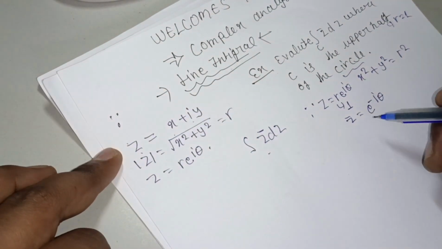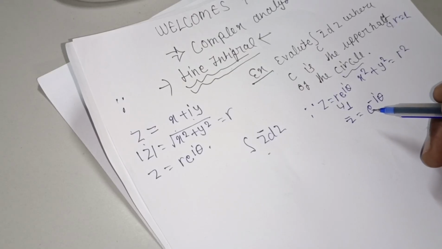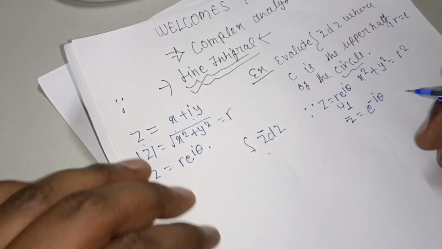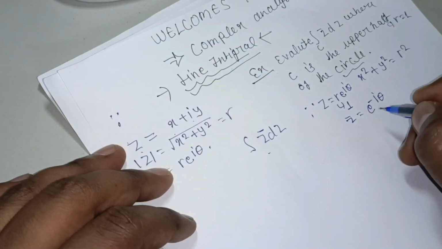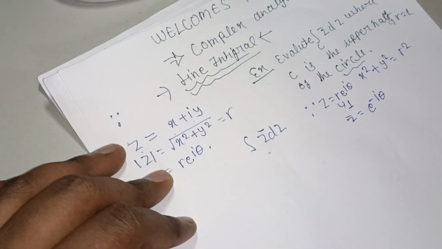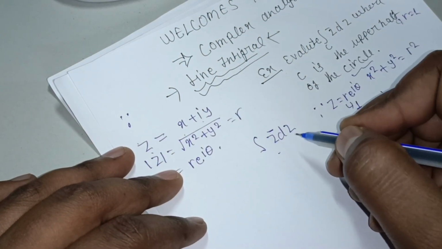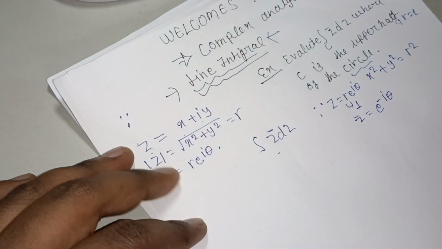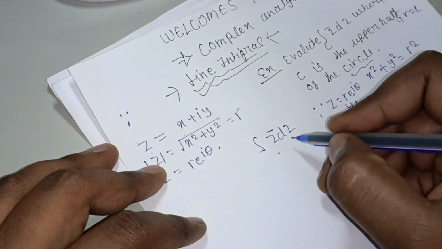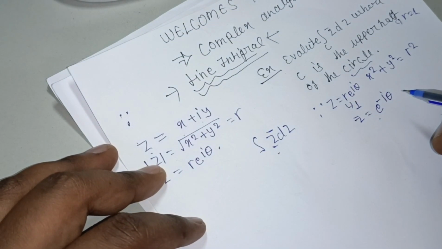So z bar is e to the power minus iota theta. Now we can put the value of z in place of this.